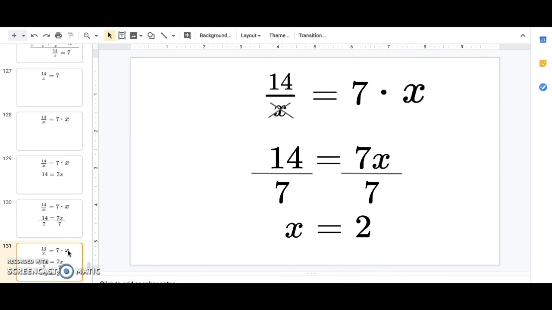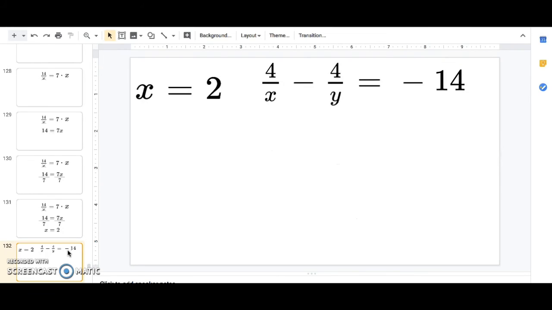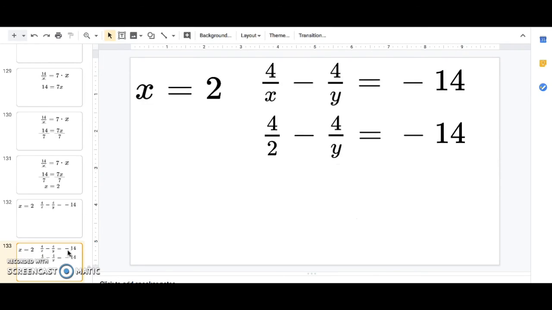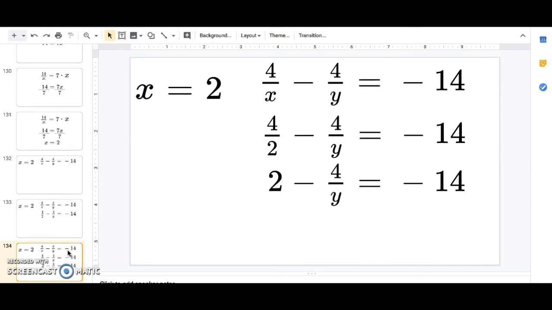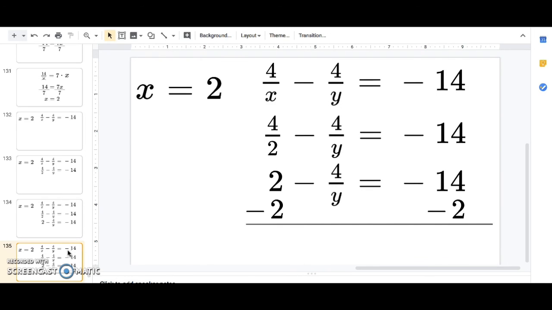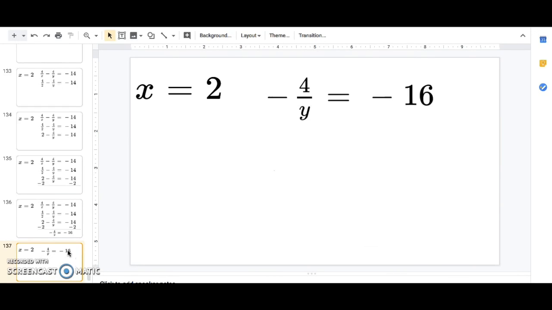Okay, now we got to substitute it back in to find y. I'm going to use my top equation, and I'm going to substitute x with 2. So then we have 4 over 2. 4 over 2 is 2. Now I can subtract 2 from both sides, so then I'll have negative 4 over y equals negative 16. From there, we have a y at the bottom, so cross it out and bring it to the other side and multiply it to negative 16.